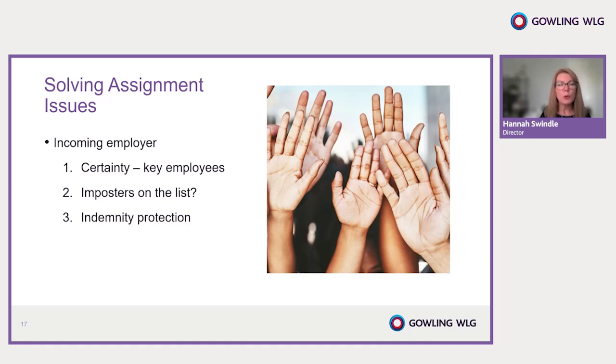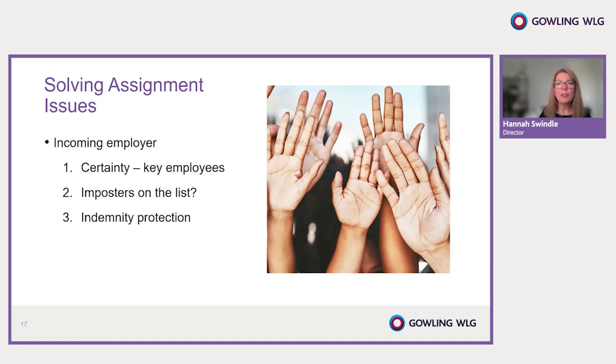If they were moved onto the contract recently from elsewhere in the organisation, it might be possible to argue that they're not permanently assigned. Ideally, it's of course better for the parties to come to an agreement on the list, or for everyone to accept who's been included, because otherwise this is going to lead to uncertainty and potential claims.